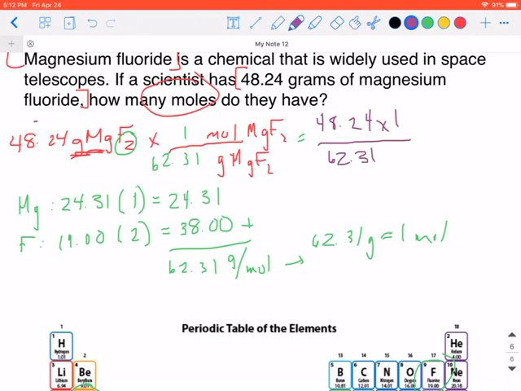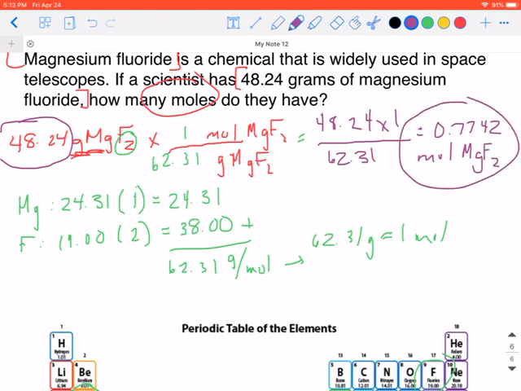My starting number has 4 significant figures, so my ending answer needs to have 4 significant figures. So the final answer here is 0.7742 moles of MgF2. Alright, and that is it.